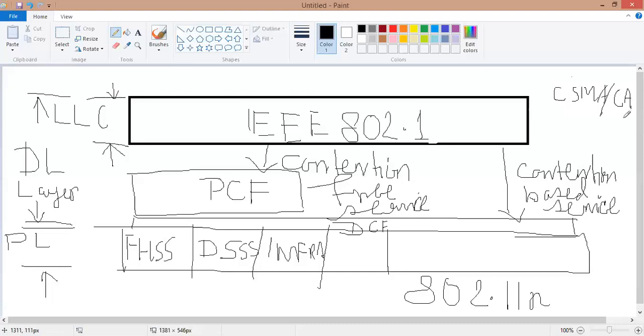Wireless LANs cannot implement CSMA CD for three different reasons. For collision detection, a station must be able to send data and receive collision signals at the same time.